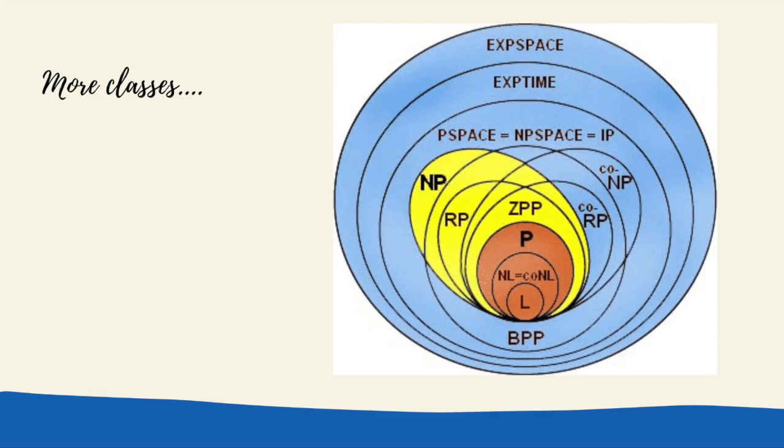Of course, there are the randomized complexity classes: P, NP, RP, coRP, ZPP, BPP, and L, which is a space complexity class. L, NL, coNL, and a lot more classes like sigma 2, pi 2, and so on. Maybe we can discuss that sometime in the future.